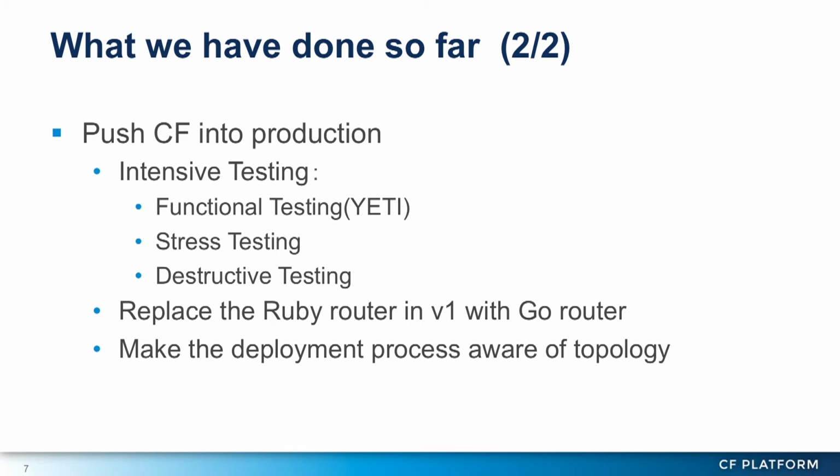Another thing that we are doing now is trying to make the deployment process of Cloud Foundry aware of the underlying topology. Currently, when we deploy Cloud Foundry with BOSH, BOSH does not make use of the underlying topology. So it is possible that BOSH will deploy all the routers or all the DEAs in one single host.